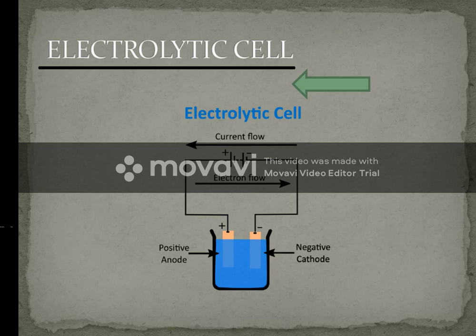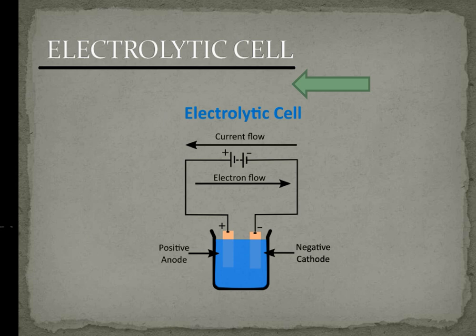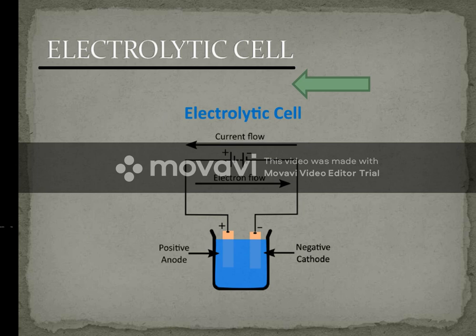Then there is a connection of wires connected to the cell or battery, which has two junctions, positive and negative. So all in all, class, in the simplified diagram of the electrolytic cell, it consists of a beaker having electrolyte solution, then two electrodes and a battery connector.